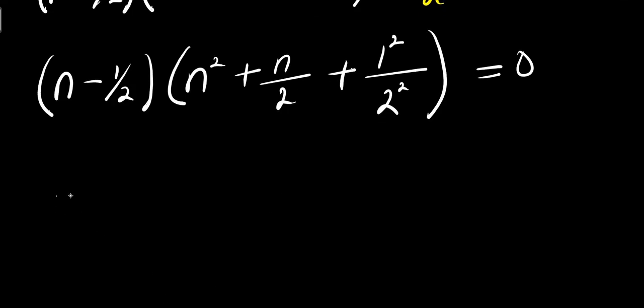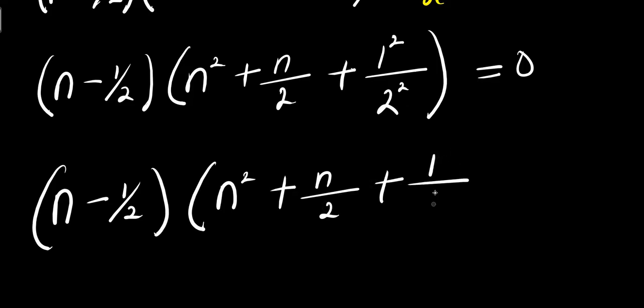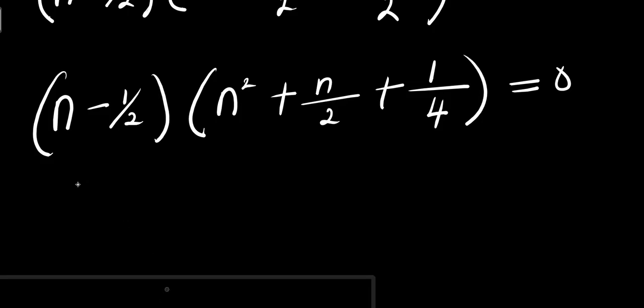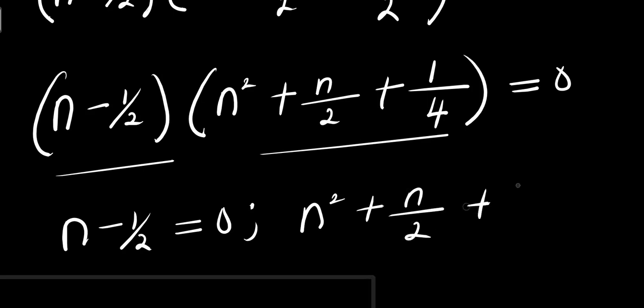So from here, I have n minus 1 over 2 times n squared plus n over 2 plus 1 power 2, that is 1, divided by 2 power 2, that is 4, and this equals 0. So equating each factor to 0, we have n minus 1 over 2 equals 0, and n squared plus n over 2 plus 1 over 4 equals 0.